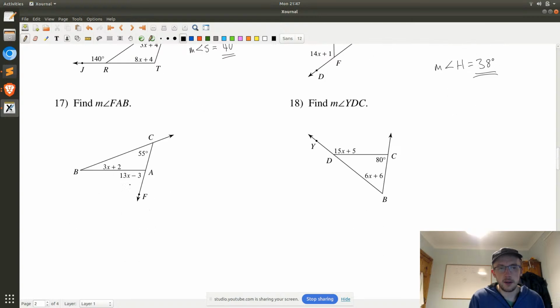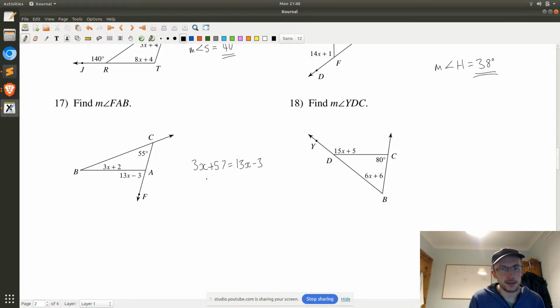Now, they say find the measure of angle FAB, and they actually get that incorrect, because that's actually this reflex angle if you go around counterclockwise, but must accept it how they do it. So, we know that 3x plus 57 must equal 13x take 3.